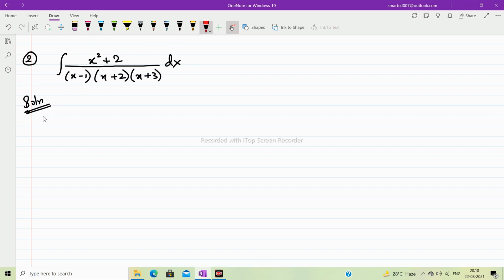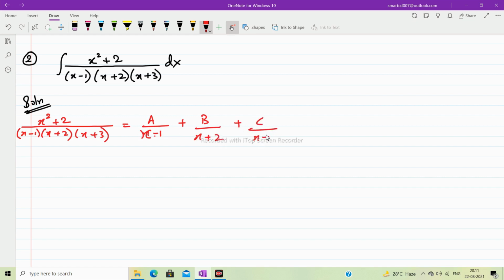So we'll express (x square plus 2) upon (x minus 1)(x plus 2)(x plus 3) as equal to a upon x minus 1 plus b upon x plus 2 plus c upon x plus 3.